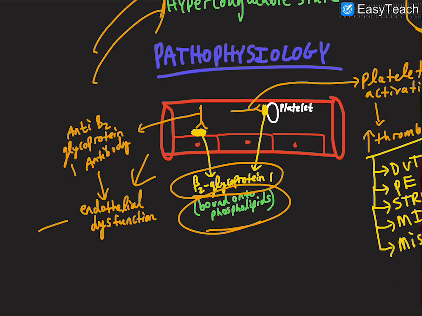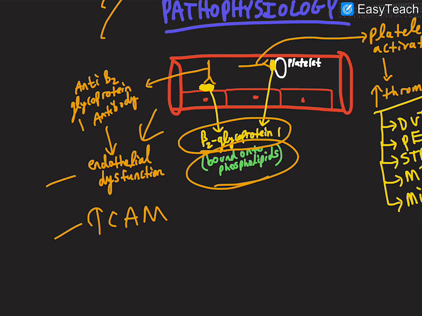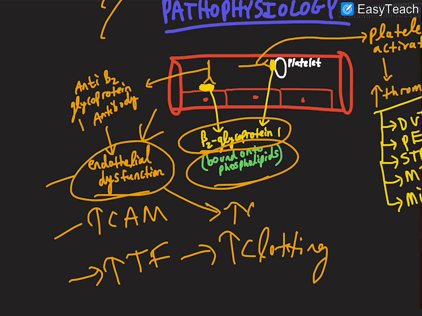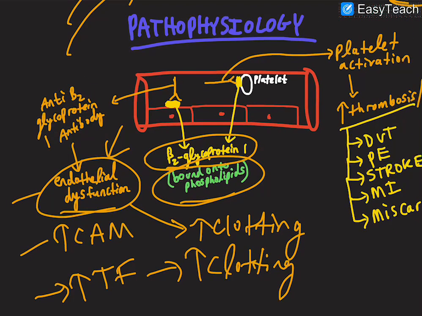So not only does it cause endothelial dysfunction, it increases expression of cellular adhesion molecules, which we know attracts white blood cells, and it increases the expression of tissue factor, Factor 3. And we know this is part of the extrinsic pathway of the coagulation cascade. So this can induce clotting also. And endothelial dysfunction, we know, promotes clotting also.